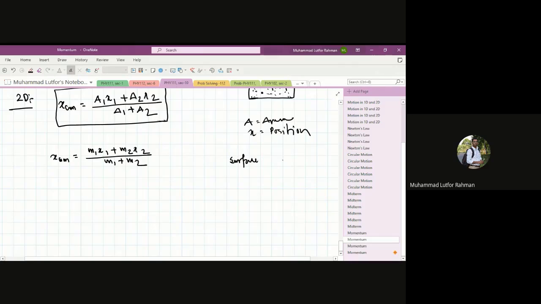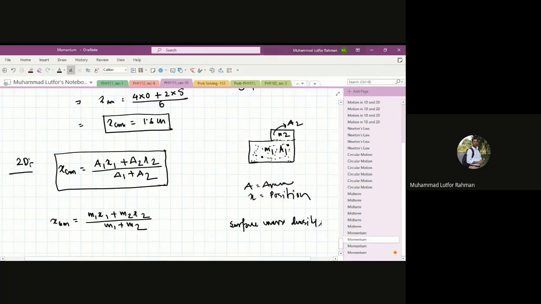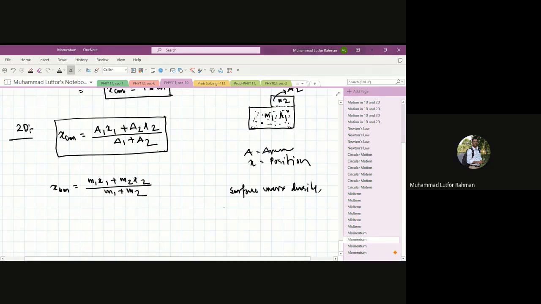Surface mass density. If the mass is homogeneously distributed throughout this region, then I can define a parameter.